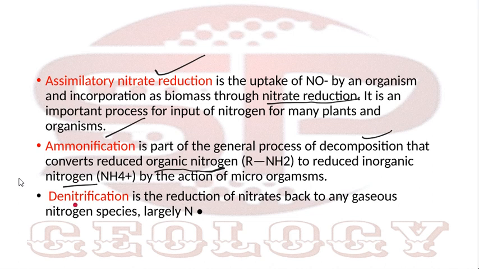Then denitrification is a process by which largely all the N2 escapes to the atmosphere, because in the atmosphere there is 78% nitrogen that is constant. So the amount of nitrogen that comes to the surface by this process also escapes to the atmosphere by denitrification.